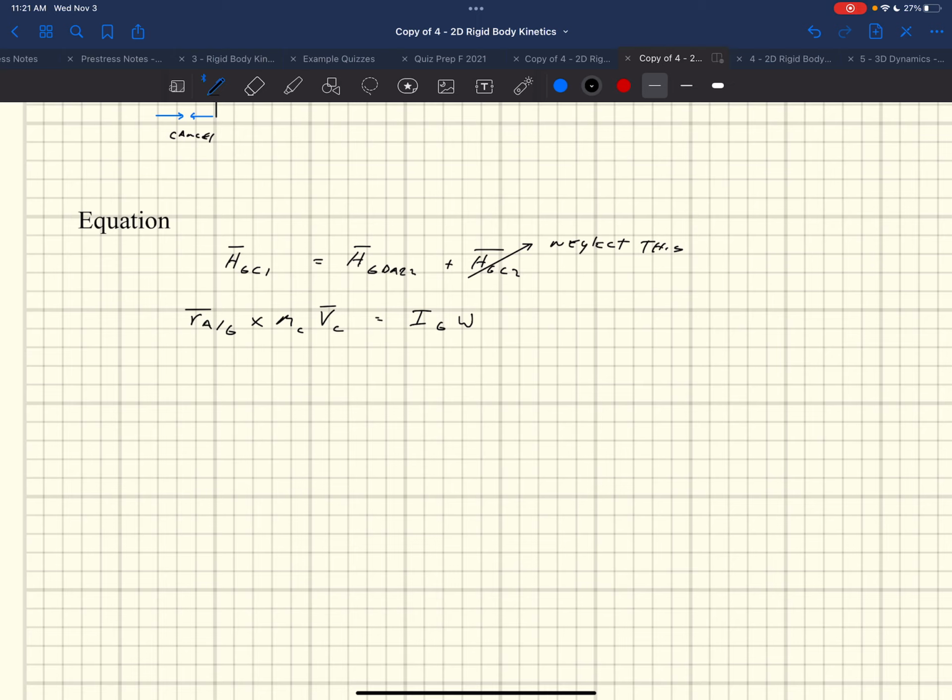The right-hand side, the HG of the bar, I guess we should make that clear. We call it I bar. It's the only one floating around, times omega. Okay?